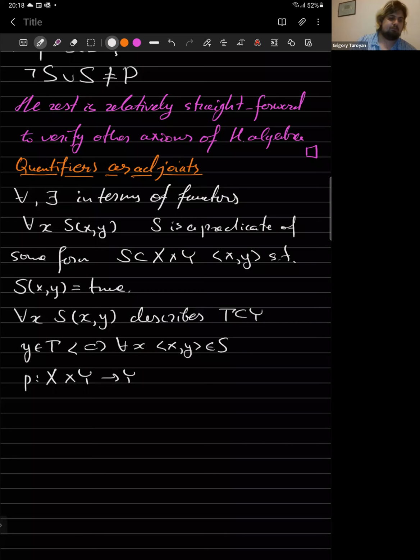And we now can define the following sets. For any S, for all P of S is just the set T, which looks like this.